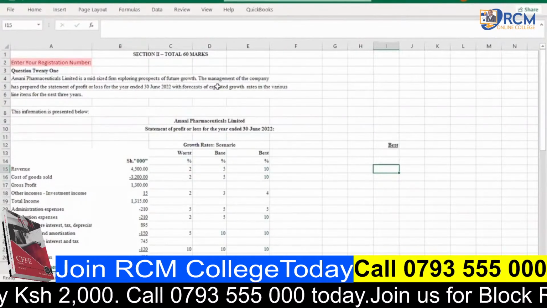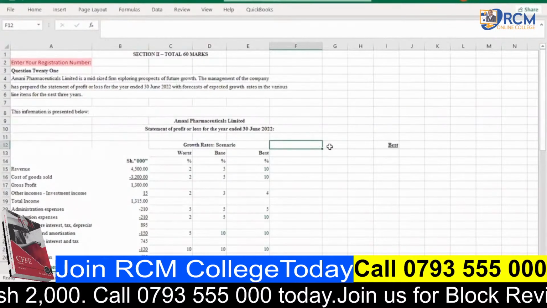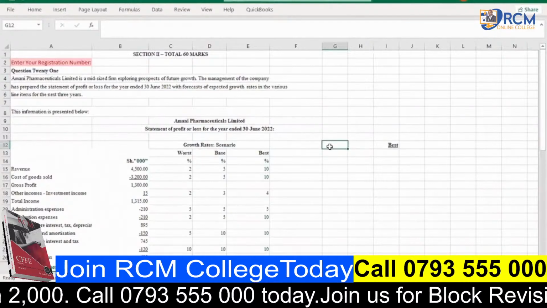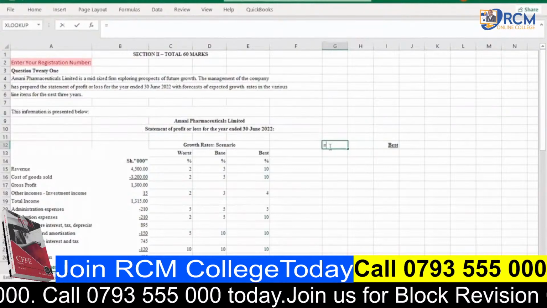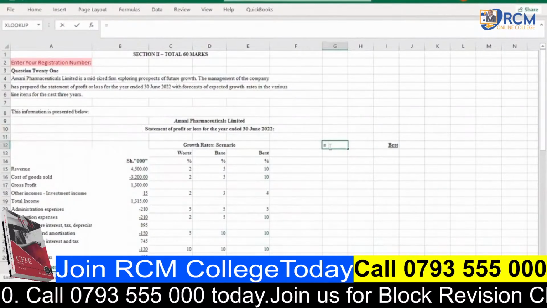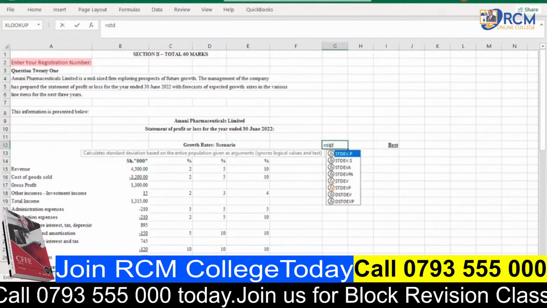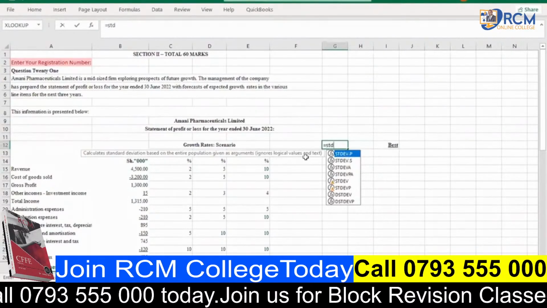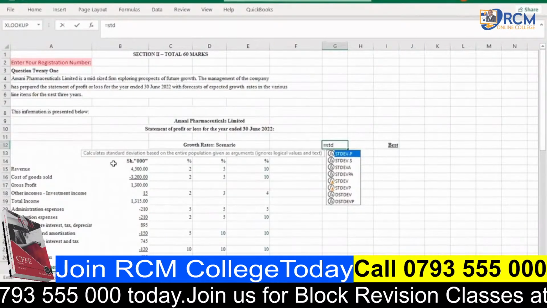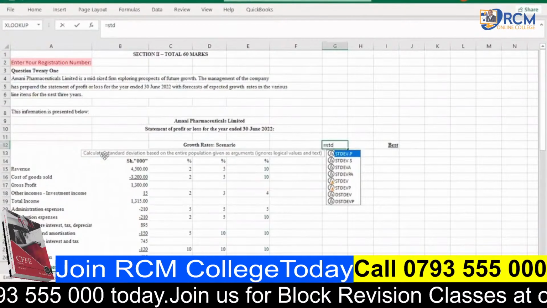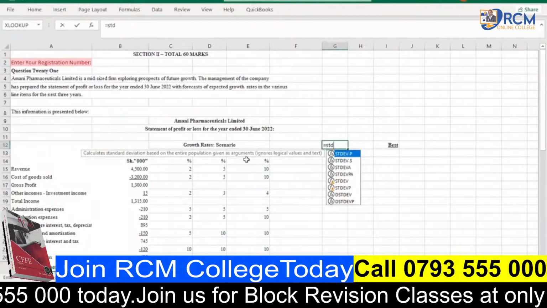You are allowed to use this document in your exams. Just come to this section here, because that's a function in Excel. Type equal to, then standard deviation P. The moment standard deviation P appears, the application of that formula is given here: calculate standard deviation based on the entire population given as arguments.